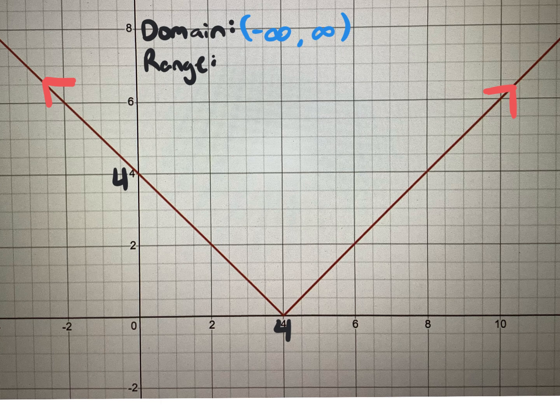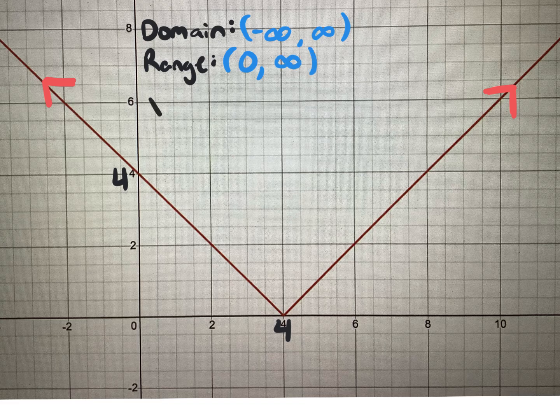I think a lot of you wanted to put 4 here, but why is it 0? Right, because we want the y values for the range. So our smallest is 0. What is my highest y value? If I keep going up either direction, what happens? It's going to keep going because we hit those arrows. Good. So range is 0 to infinity.